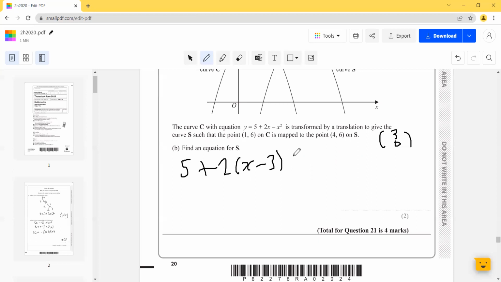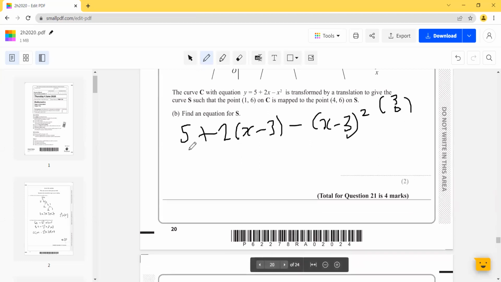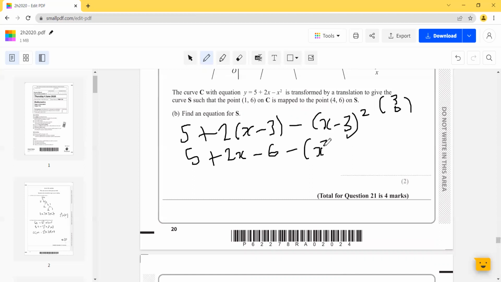So 5 plus 2 times x minus 3 minus x minus 3 squared. Now, you don't have to actually evaluate this or anything, but you can if you want to. I'm going to do it. So we have 5 plus 2x minus 6 minus x squared minus 6x plus 9.